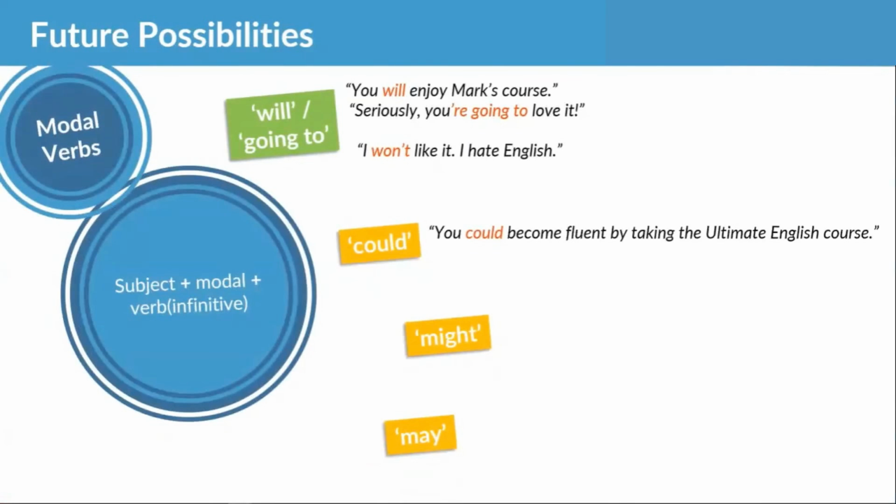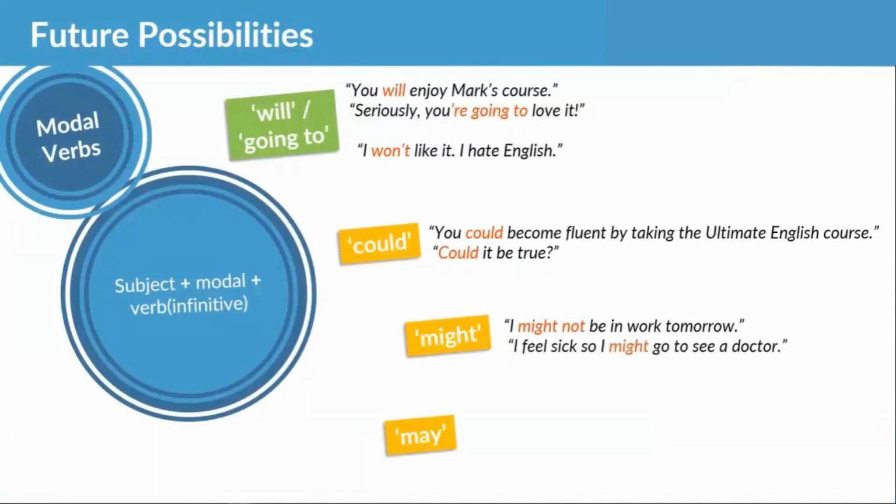So let's look at our modals of possibility. You could become fluent by taking the Ultimate English course. Could it be true? I might not be in work tomorrow. I feel sick, so I might go to see a doctor. And then we have may, which remember is a bit more formal. It may rain later. He may not get the job.